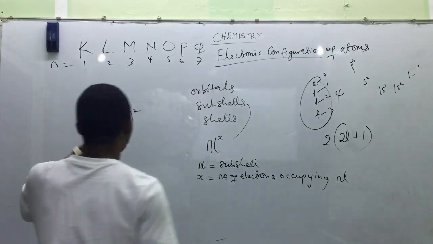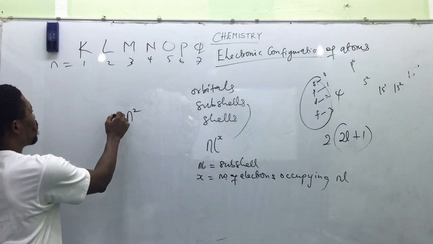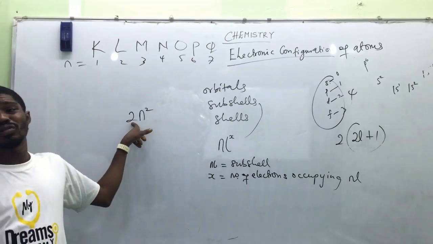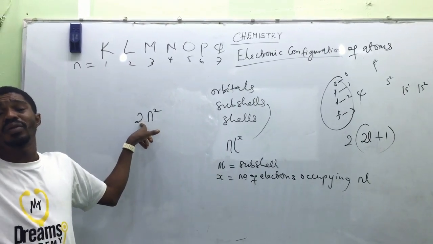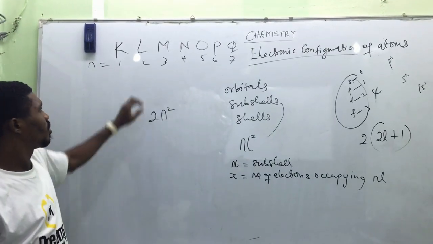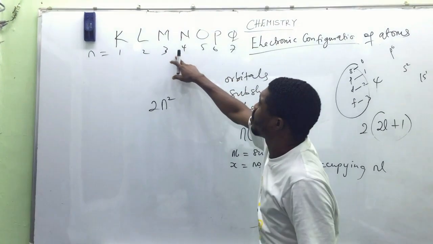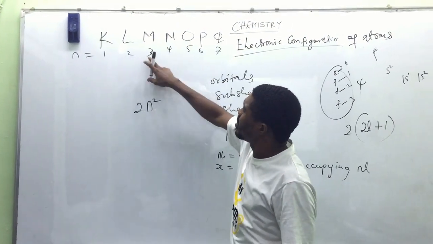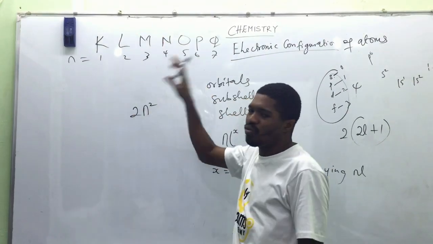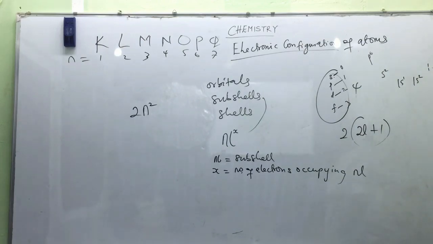So if I want to know the total number of electrons a shell can accommodate, I will put in these 2, which stand for the number of electrons that can be accommodated by an orbital. So if I want to know the maximum number of electrons the M shell can accommodate, the number of orbitals in M, which is 9, is multiplied by 2, which is 18. Okay? Now, that is it.